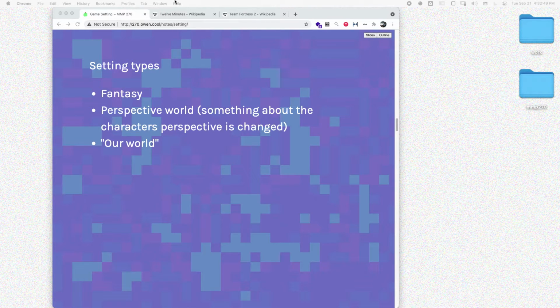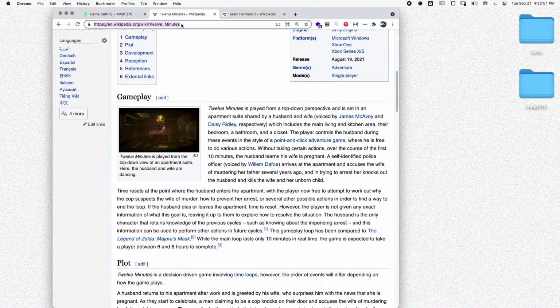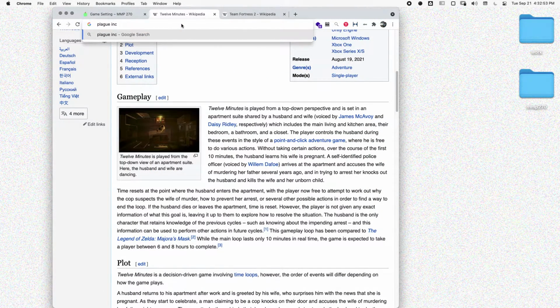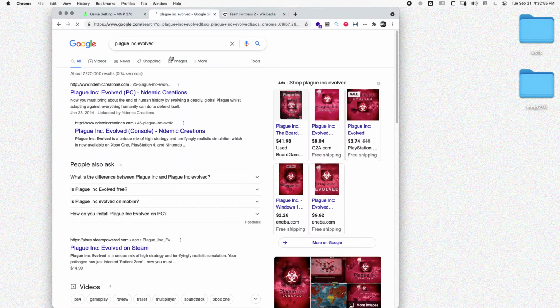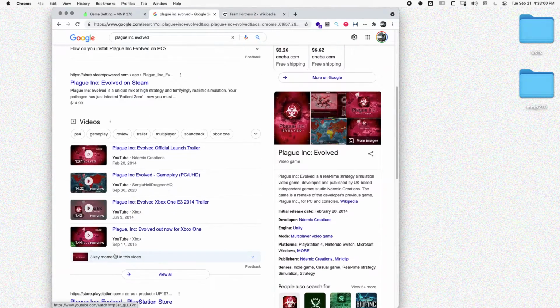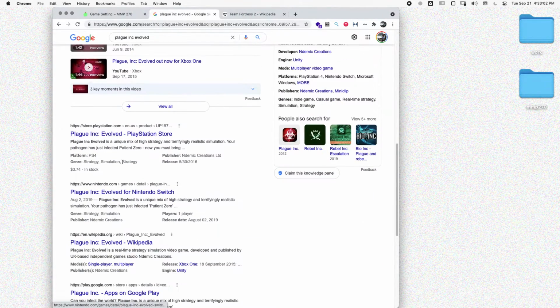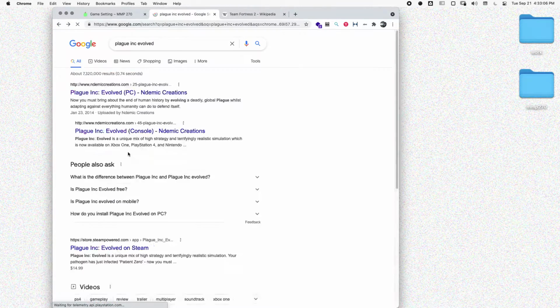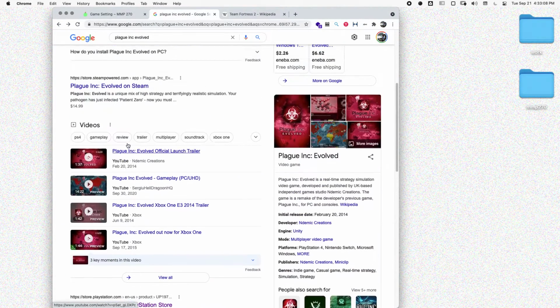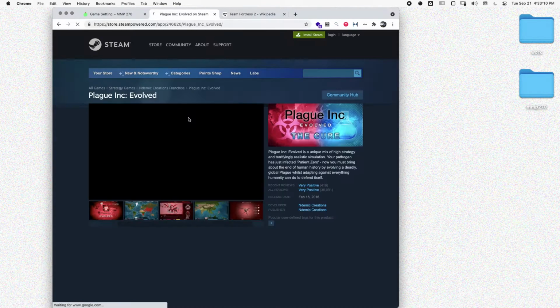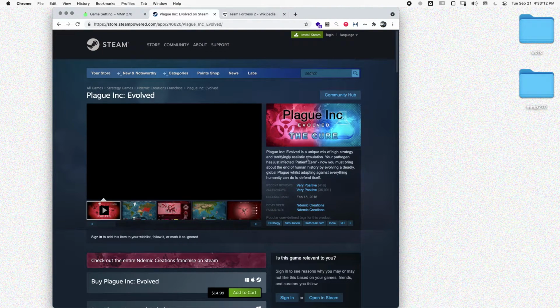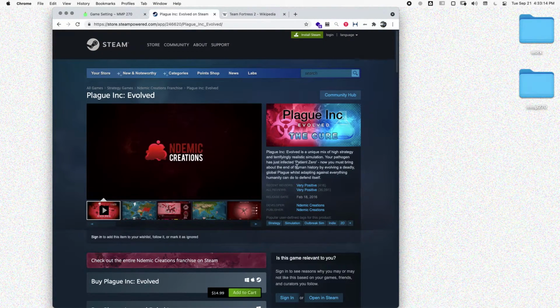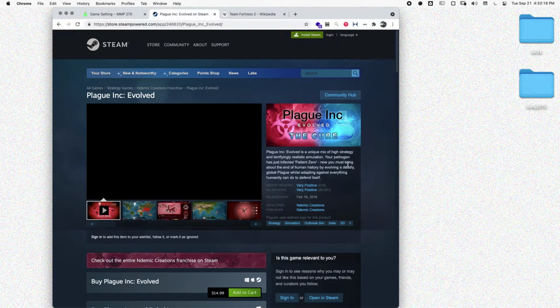Plague Inc. Evolved. I don't know that one. I'm going to look that up. Oh, this is PlayStation. Okay, we can look at it on Steam. Oh, wow. Yeah, I guess this is a good example.